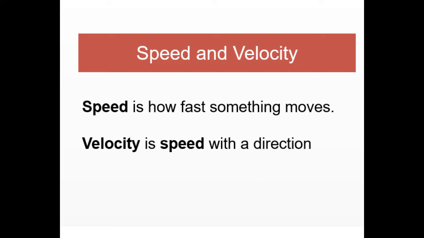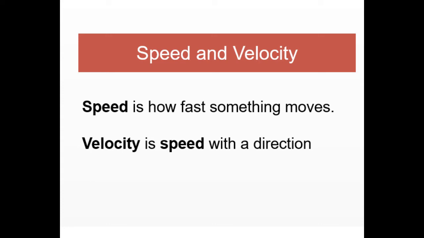Now let's proceed to the distinction between speed and velocity. Speed is a scalar quantity that refers to how fast an object is moving. Speed can be thought of as the rate at which an object covers distance.